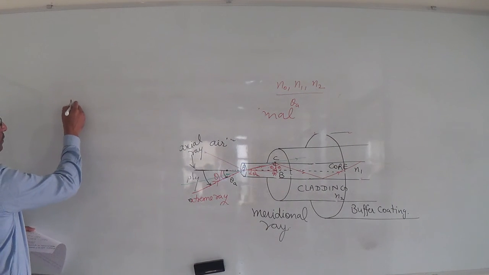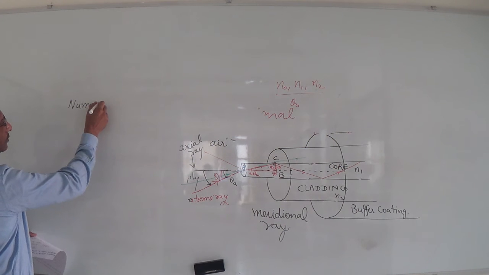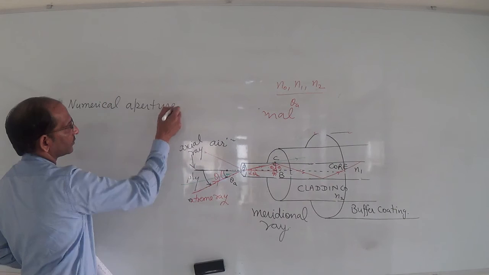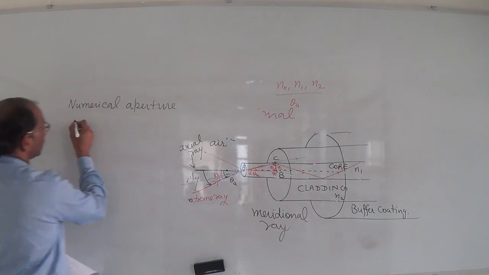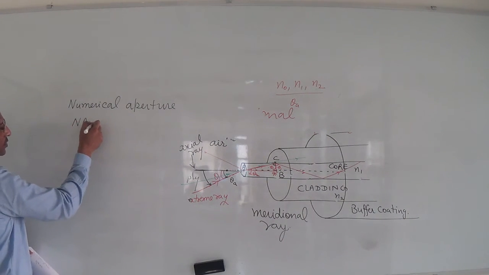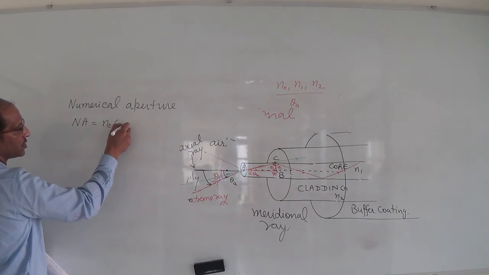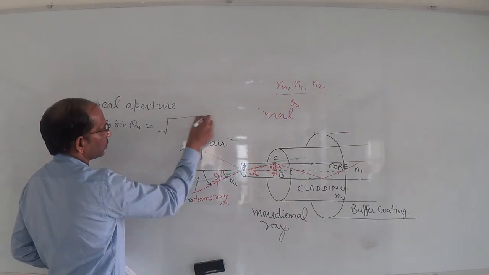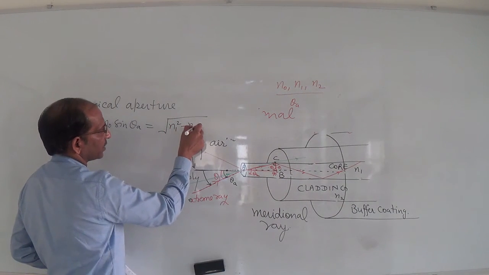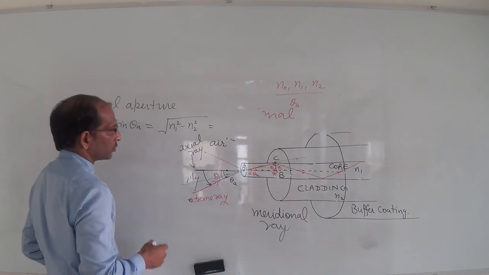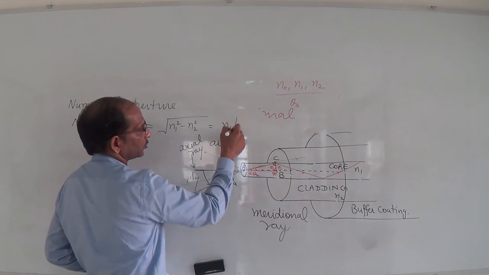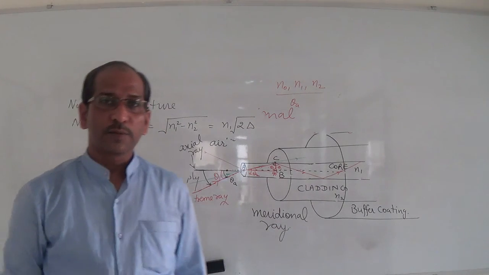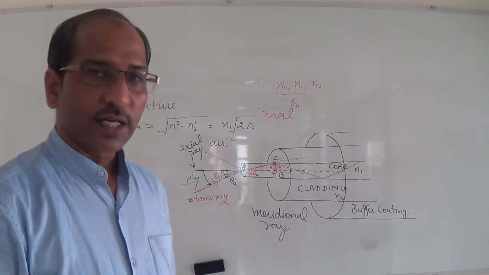So numerical aperture, NA, is equal to n naught sin theta A, which is equal to square root of n1 square minus n2 square, which is equal to n1 square root 2 delta, where delta is the fractional refractive index.